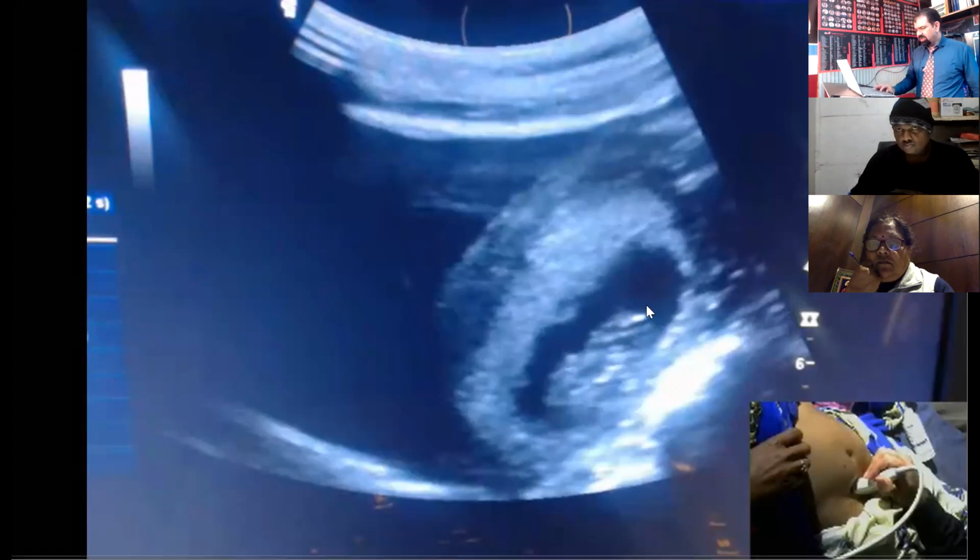So this is how the CRL has to be taken, neither in flexion nor in extension. Now this is the gestational sac over here. Measurements have to be taken from the gestational sac. Dr. Shanti, how can I take three measurements: from here to here first, second from here to here, and third from here to here. Yes or no?